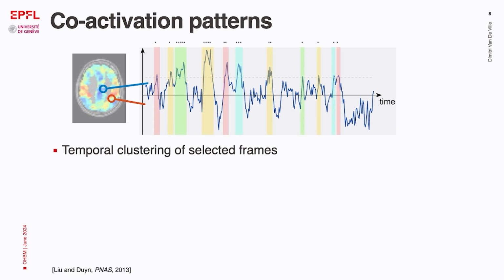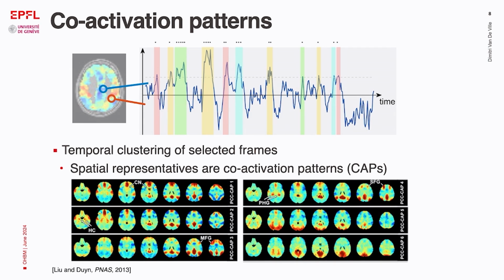However, the real power of coactivation patterns is that you would do temporal clustering. So you don't have just a stationary CAP, but you come up with a whole repertoire of CAPs, which are different spatial configurations whenever your seed is exceeding a certain activity level.